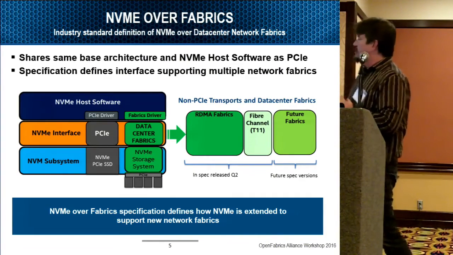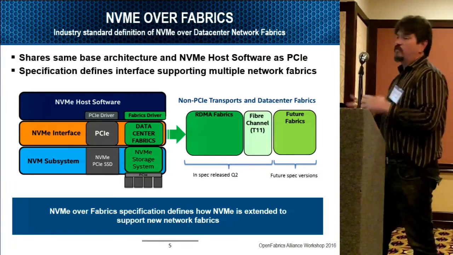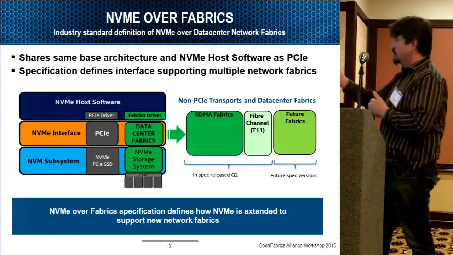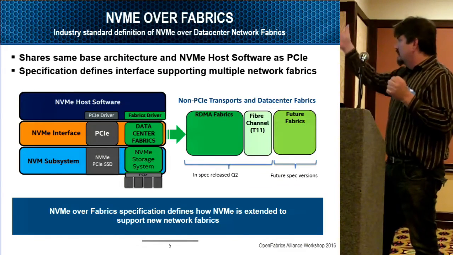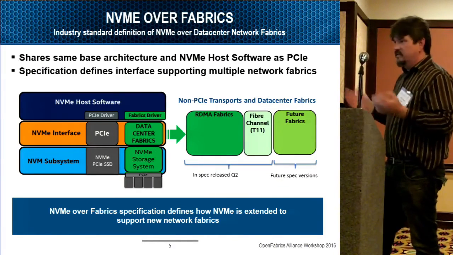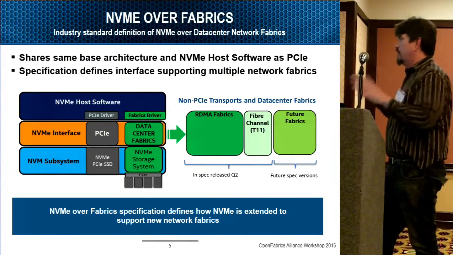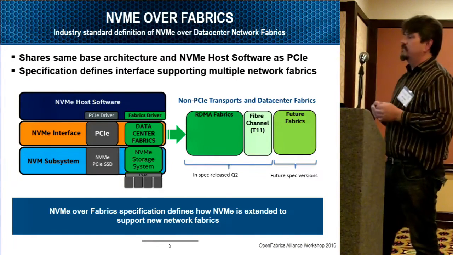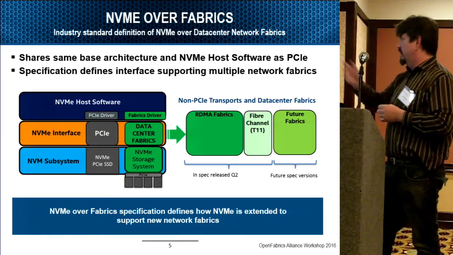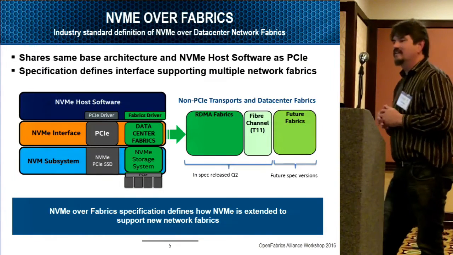So this diagram really is just showing the NVMe host software, which is common as we're treating PCIe as just another fabric. It's a local fabric. And the same interface is used for data center fabrics. And again, these are lightweight, pluggable fabrics which can be added. The software is going to be released with the RDMA agnostic transport.